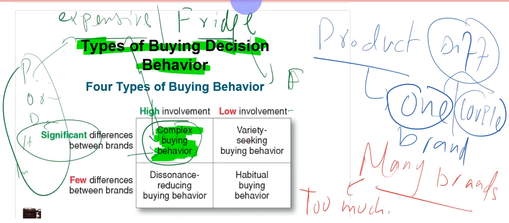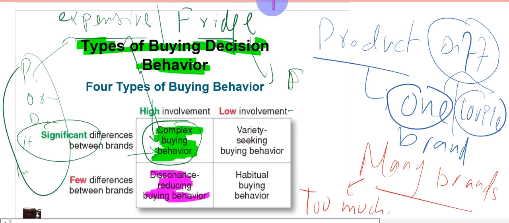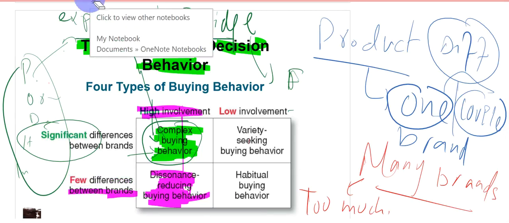Let's move to the next point now. The next point is dissonance reducing buying behavior. In dissonance reducing buying behavior, consumers have high involvement in the product, but when he goes to the market, he will not find many differences amongst the brands, but there will be a few differences.